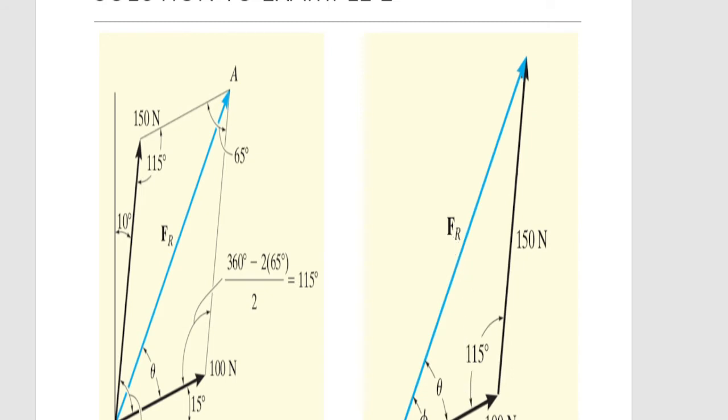Then for the angle required, we already have one angle given. As I mentioned, if the values of two sides are given and the opposite angle of the side with the missing value, we can use the cosine law.